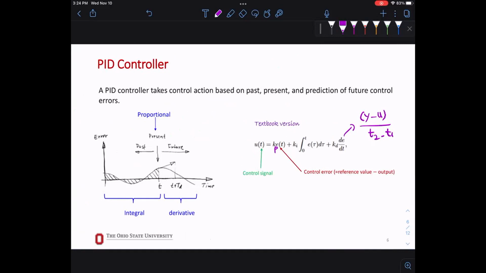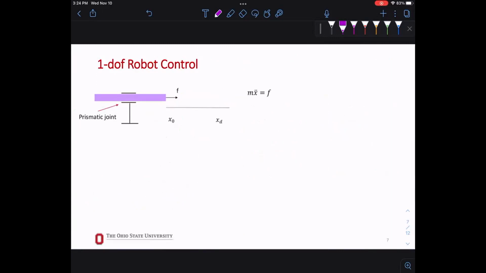I'm going to start from a very simple system: a 1 degree of freedom robot with a prismatic joint, mass of M. We want to know how we can control this robot to go from position 0 to X desired.